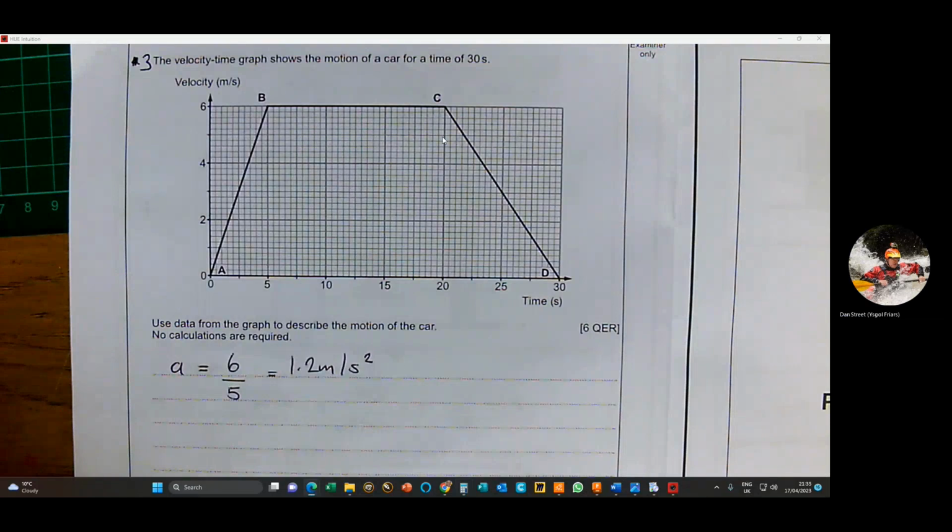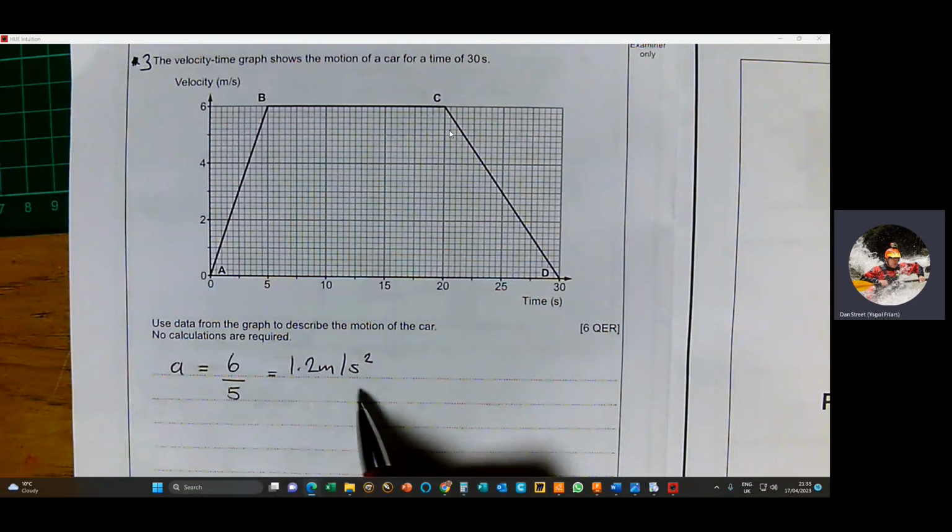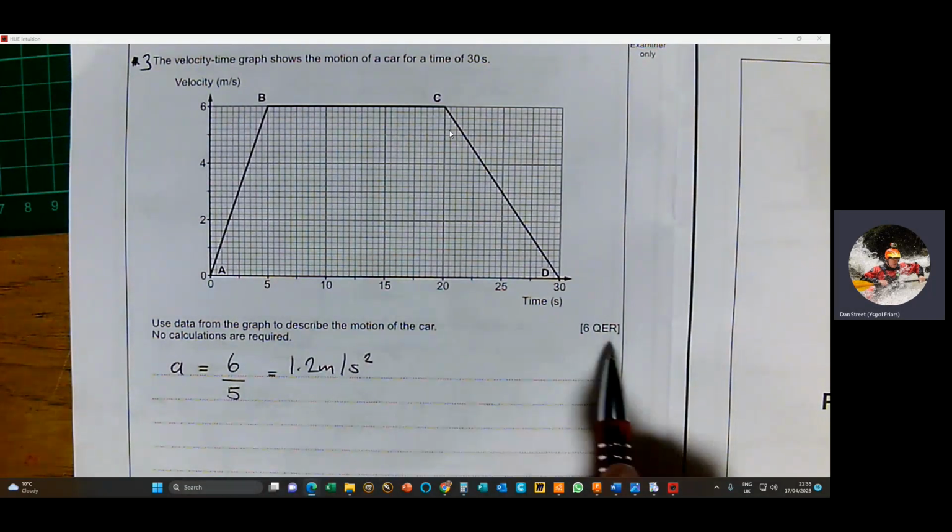Okay, so having done that bit of physics or maths, you could write a sentence, because this is a QER question expecting you to be able to communicate well.